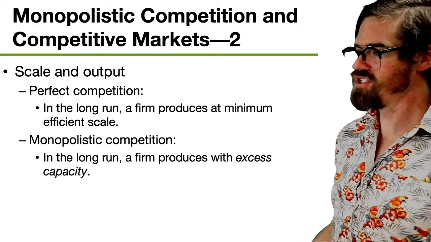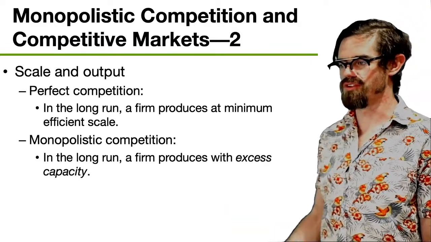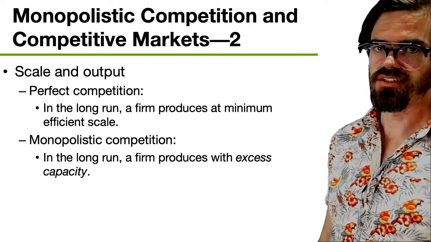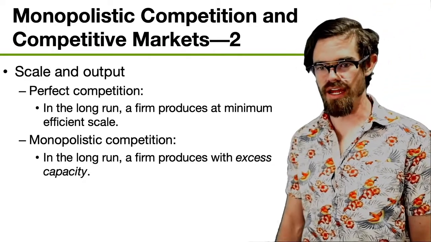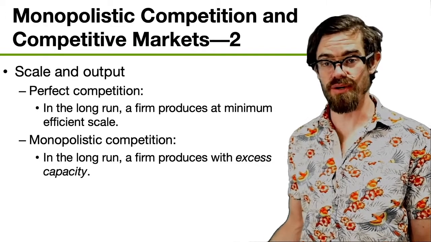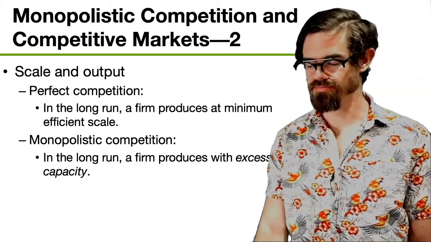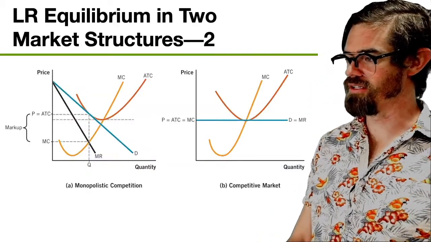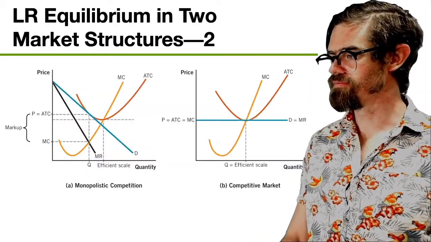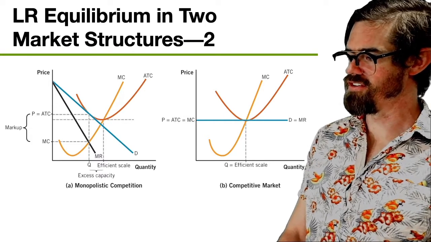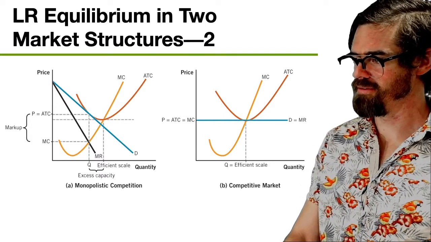Whereas with monopolistic competition in the long run, the firm is producing again with excess capacity, right? It could produce more and at a lower cost, but because it's maximizing profit, it doesn't achieve that. Very similar to monopoly, right? So there you go. Again, there's that efficient scale and the excess capacity, okay?